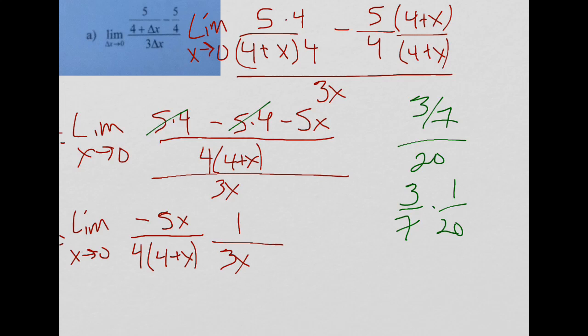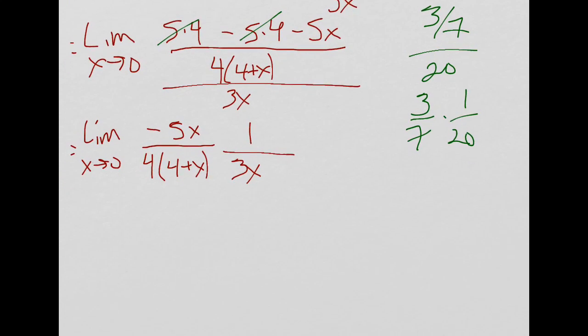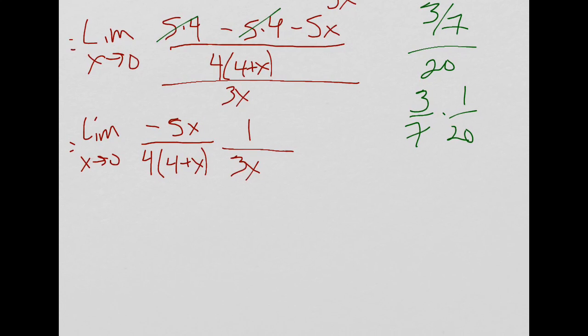So you should see things starting to cancel here. Let me give myself some more space. You should see things starting to cancel here. I get an x that cancels there. And that's about all. So I'm going to rewrite this. You don't necessarily have to rewrite it at this point, but I am going to do that to make it easier to see.